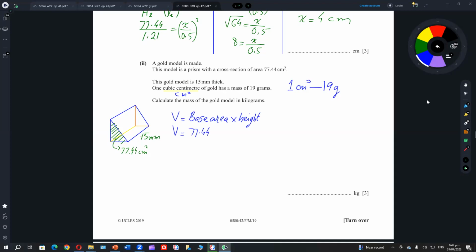What is the relation between millimeter and centimeter? 1 centimeter is equal to 10 millimeter. Conversions are very necessary. Actually, mensuration is a memory game.